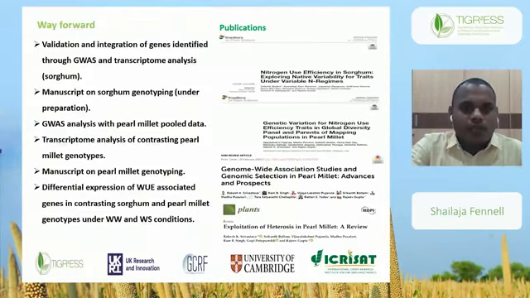Future work includes validation and integration of genes identified through GWAS and transcriptome analysis in sorghum, and also the publication of the genotyping activities in sorghum. GWAS analysis with the second season and pooled data is pending, as we received the data last week itself.